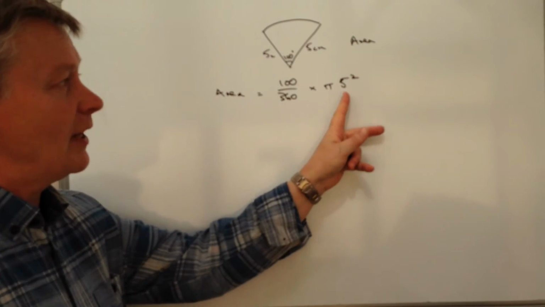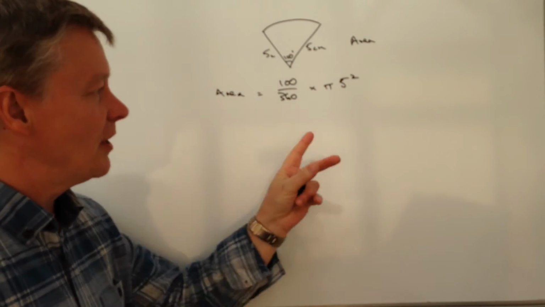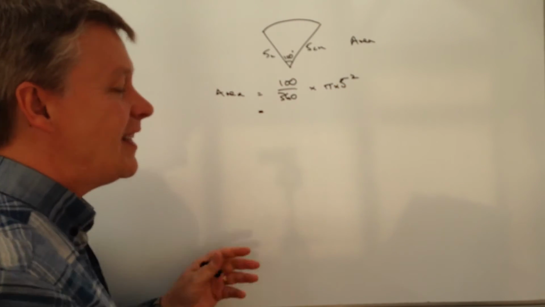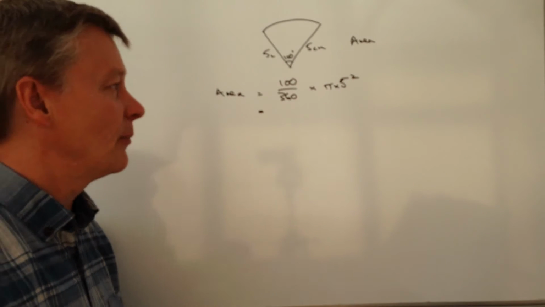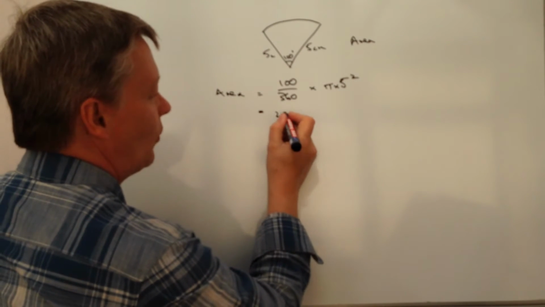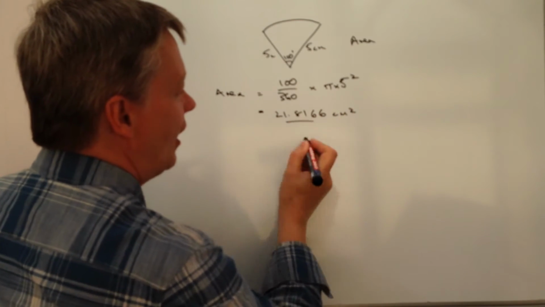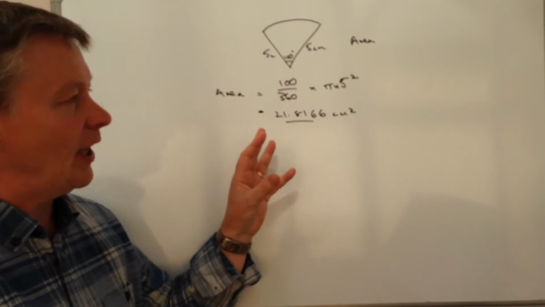Well, r is the radius, which is 5 centimeters, and we square it. If we put those figures into a calculator, we end up with 21.8166 centimeters squared.